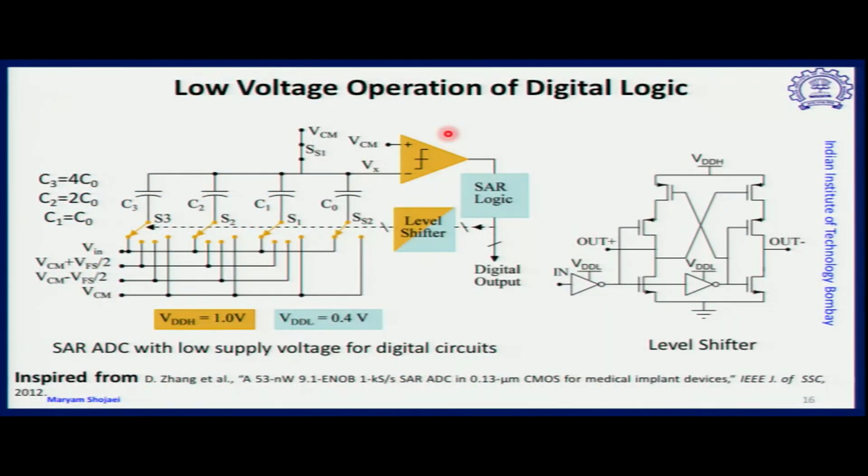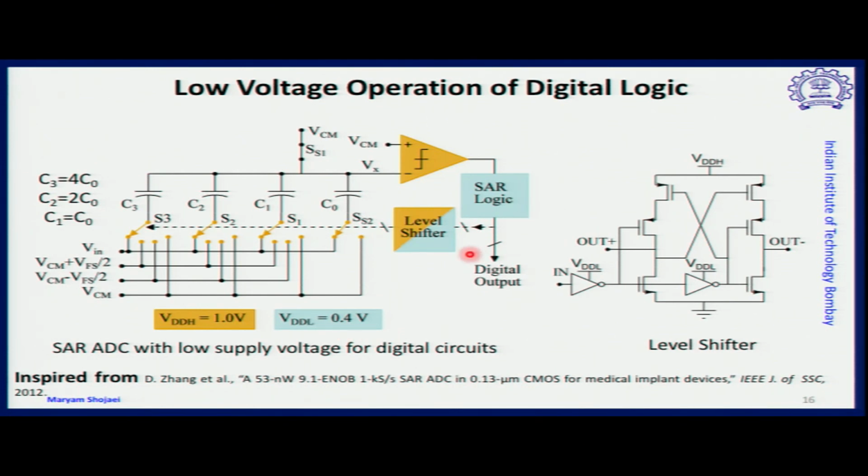Energy saving can be performed by operating different blocks of the circuit at different voltage levels. For example, here the logic level is less than the voltage level used for the DAC. Here the supply level is 1 volt for the DAC and 0.4 volt for the SAR logic.